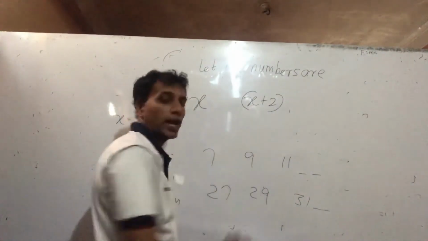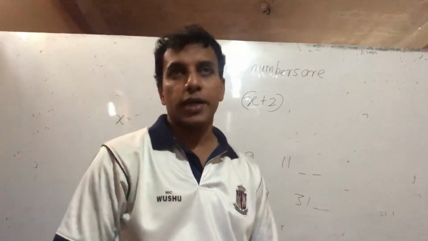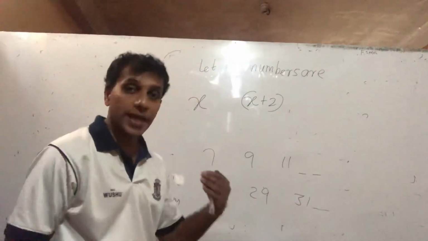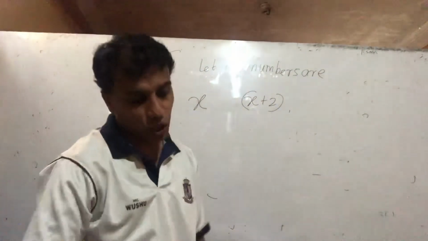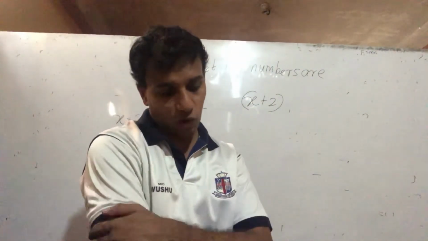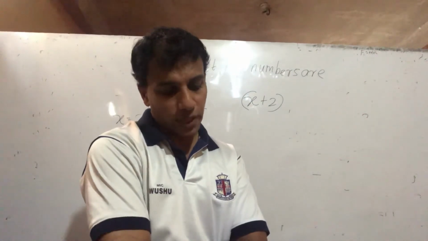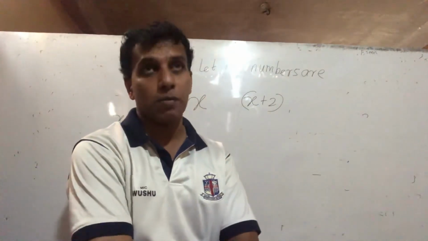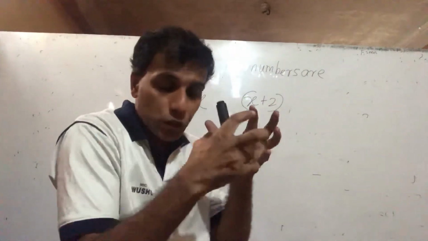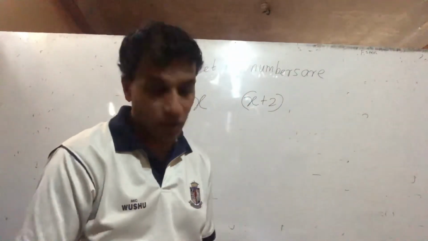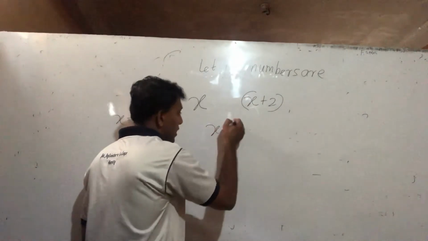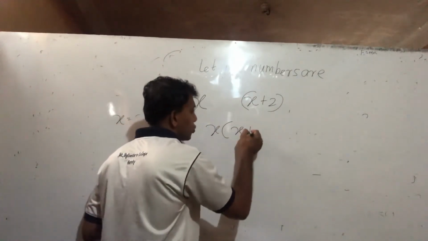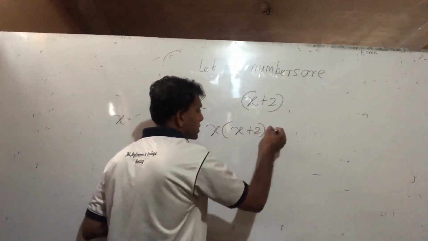These are the 2 values we have to calculate. Now build up the quadratic equation. The product of 2 successive positive odd numbers means multiplication, that is 63. So x into x plus 2 is 63.